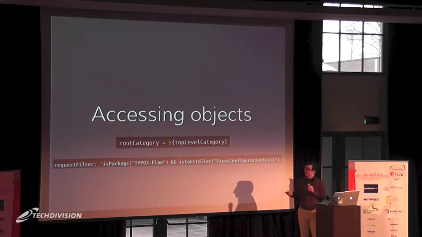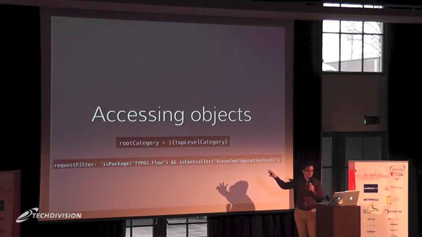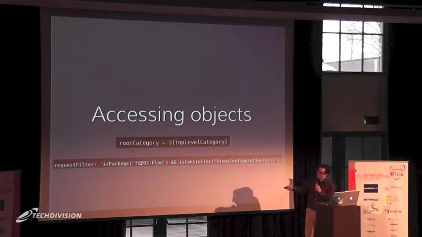And we can access methods on this object. So in our EEL context we have one object that implements a method isPackage, and we just ask it, isPackage TYPO3 flow. It will give back a boolean true or false. Same here, we ask it, is the controller views configuration test C? It will answer boolean true or false.